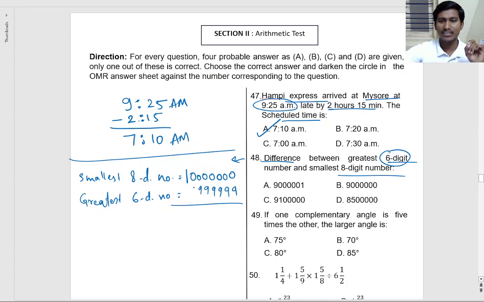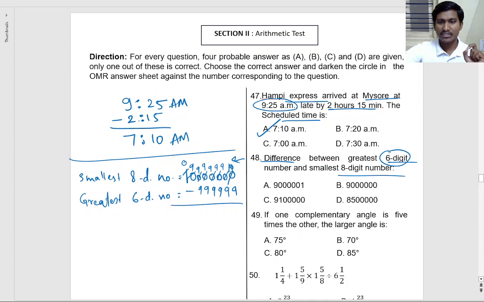So they are asking for the difference, which means we have to subtract. So here, how much will be remaining, you take it. This will be 9, that is this will be 10, right? This will be 9, this will also be 9, this will also be 9, this will also be 9, this will also be 9, and this will be 0.